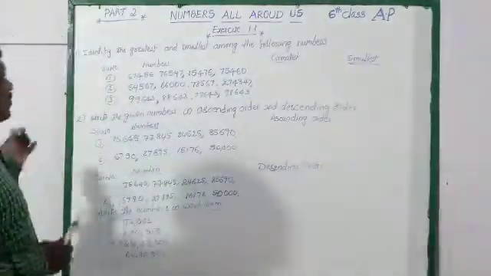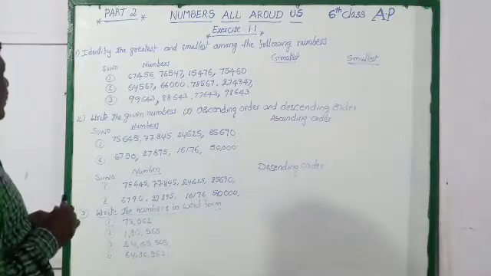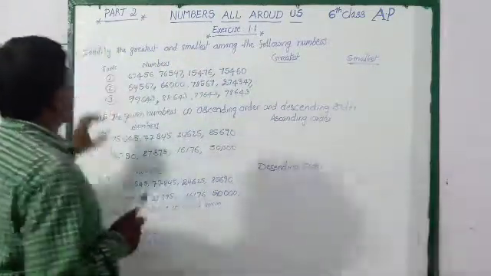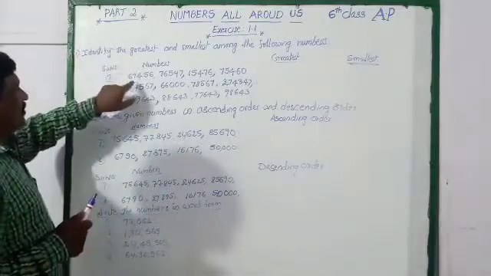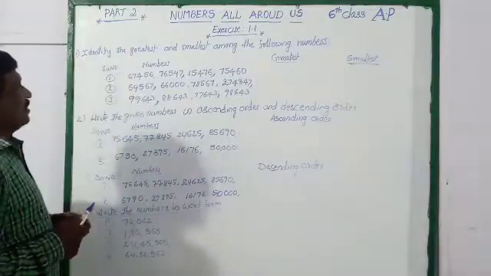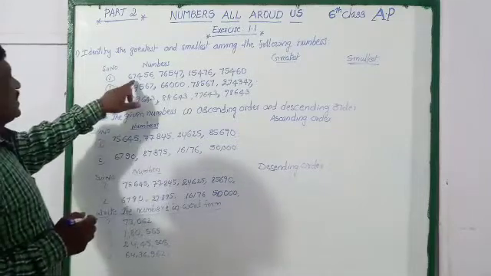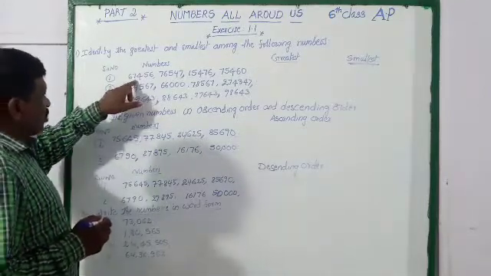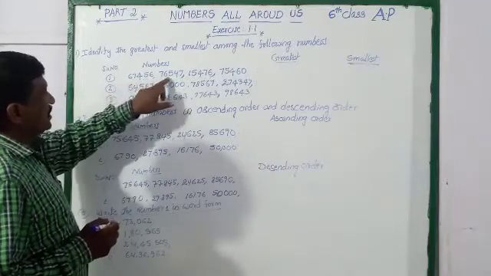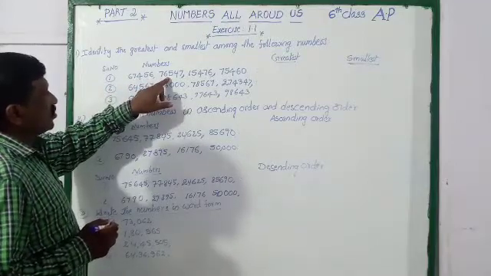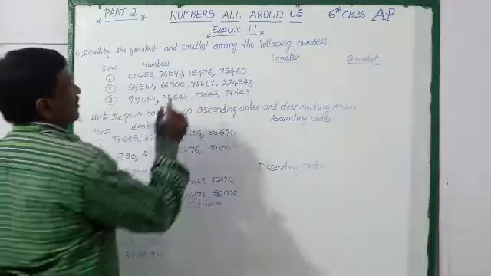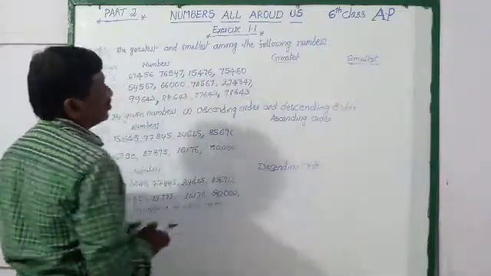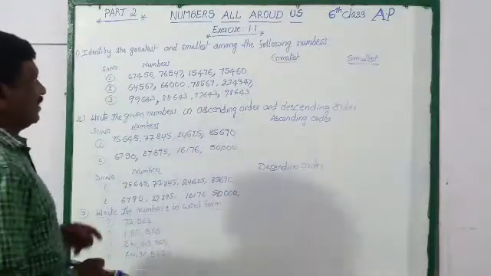Exercise 1.1. Identify the greatest and smallest among the following numbers. Here are some numbers: 6,67,456, 76,547, 15,476, 75,460.